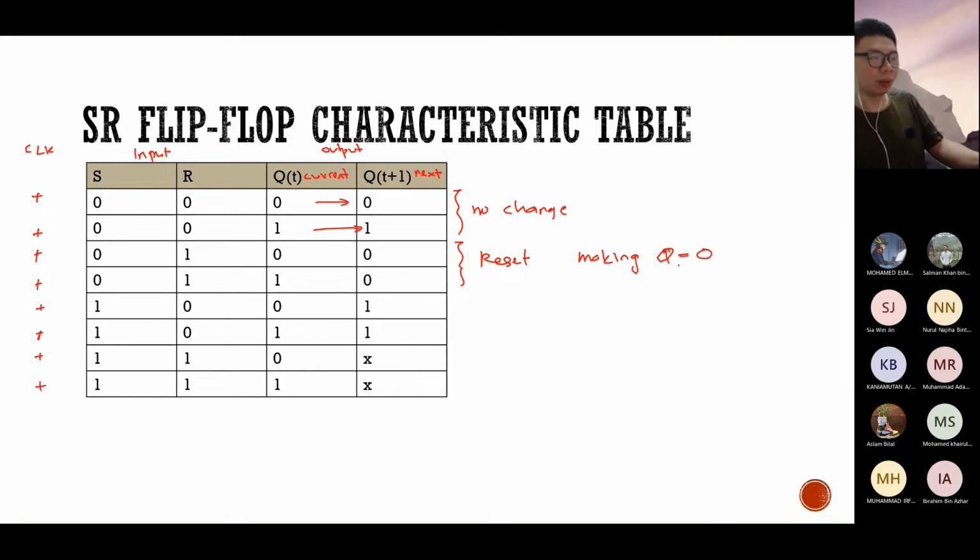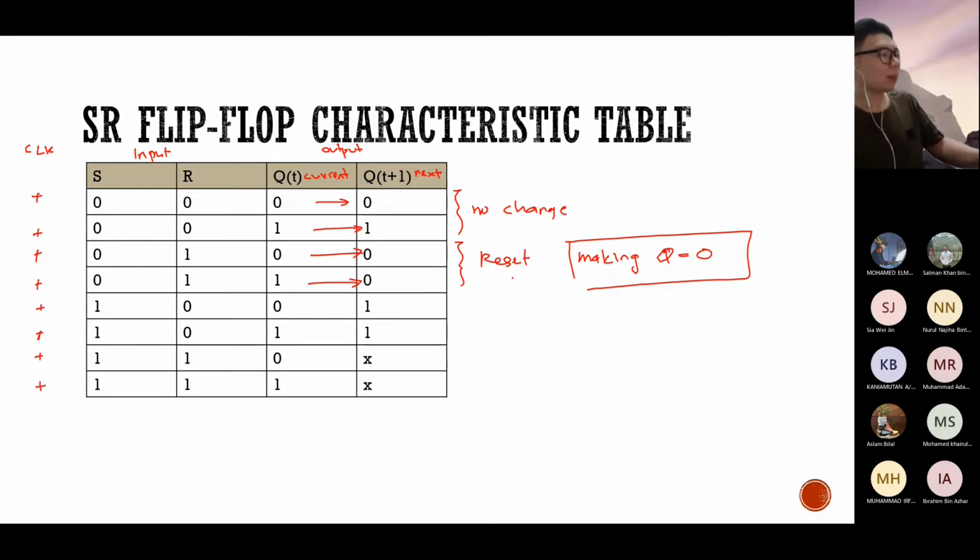No matter what the value of Q you have currently, reset is going to make sure your Q becomes 0. If your current value of Q is 0, it's going to make it a 0. If your current value of Q is 1, it's going to make it a 0. So that is what the reset state does.